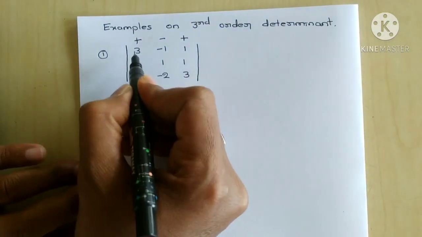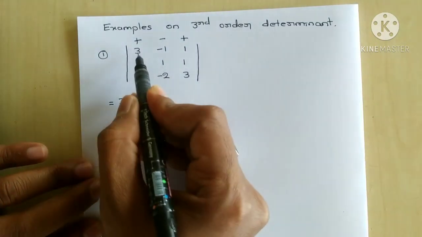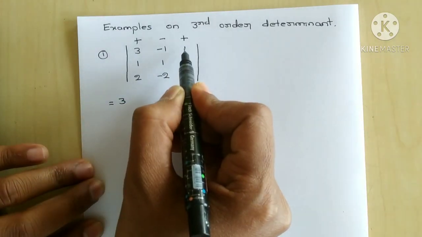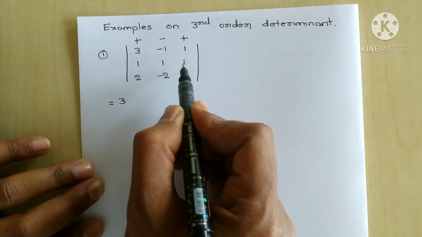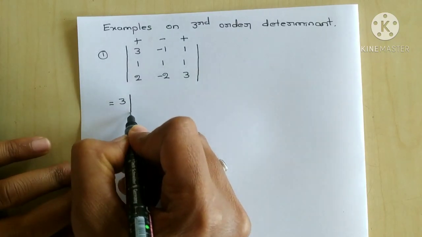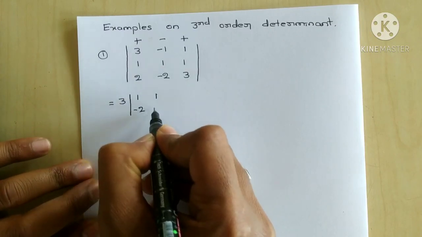So first take first element. So what is that first element, 3. Once you take 3, delete that particular column, delete that particular row, remaining element 1 1 minus 2 3, write it in second order form, 1 1 minus 2 3.